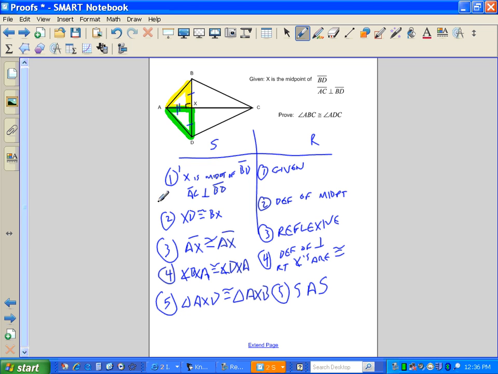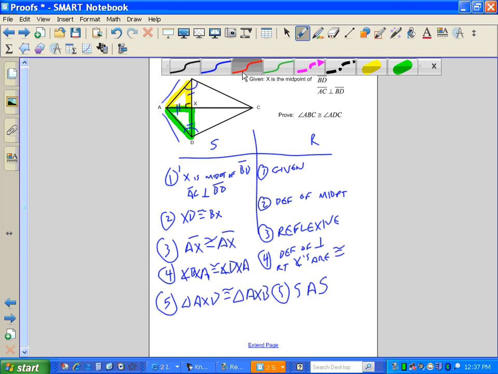Then we're going to have to start looking at, because we ultimately want to get that this angle, ABC up here, this big angle up here, and that big angle down there are congruent. So we're going to start looking next at this giant upper triangle here, triangle ABC, and the triangle there. Long story short, we're going to use corresponding parts to get that side and that side congruent.